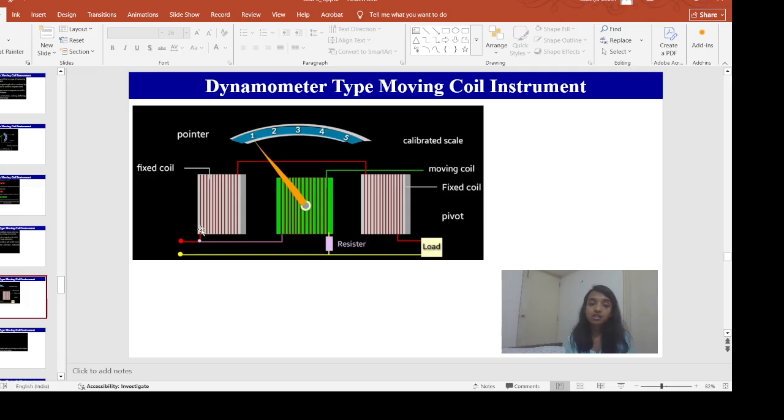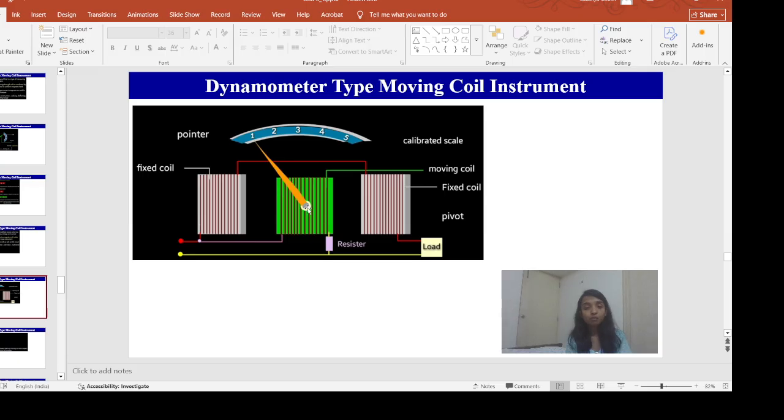Now when we give the supply to the fixed coil, a magnetic field is generated in the fixed coil, and the same supply also goes to the moving coil. So this moving coil, getting the same supply, is placed between the magnetized fixed coils. The moving coil will experience a force, and the direction of the force can be found from Fleming's left-hand rule.